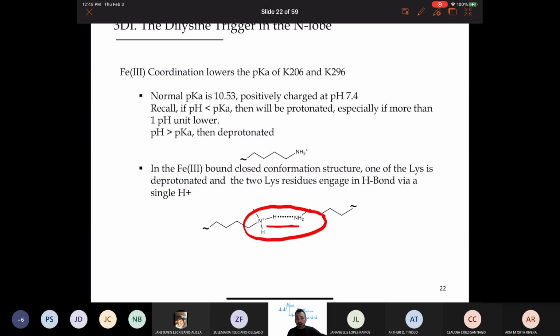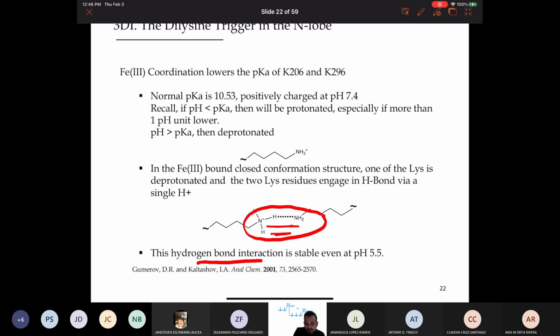So the coordination of the iron that's nearby, but not actually interacting with the lysine, results in a decrease in the pKa of the lysines, enabling this hydrogen bond to form. So the iron binding and the closed conformation result in these two lysines coming in contact, and that enables the coordination of iron to be even more facilitated.